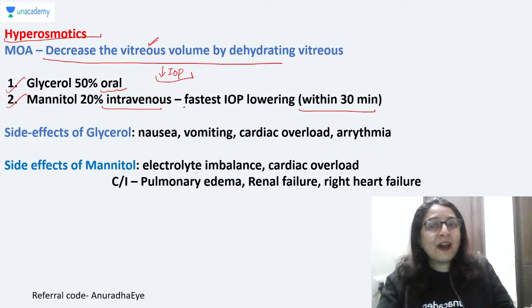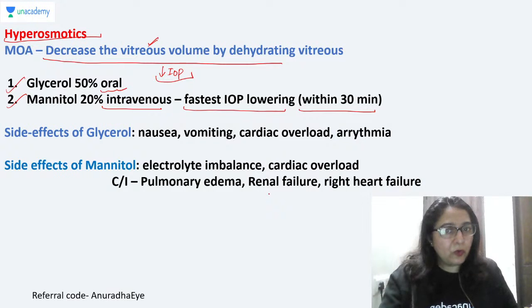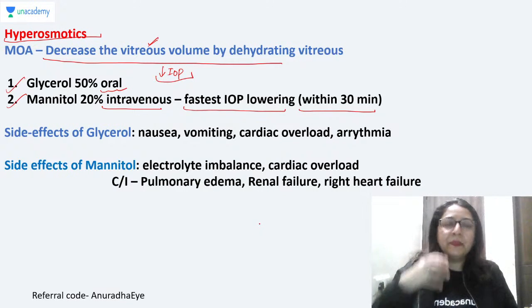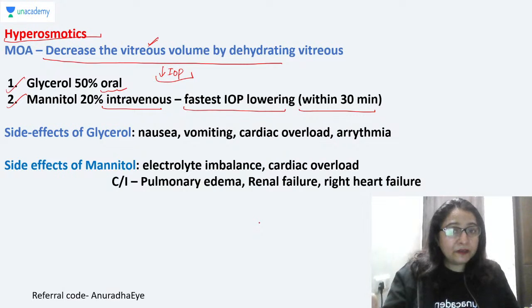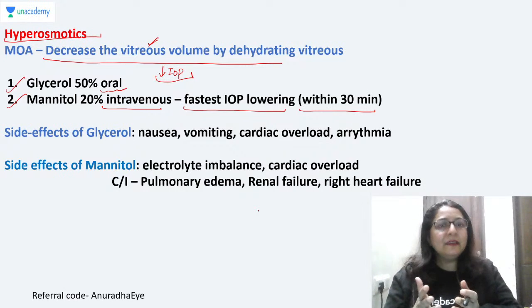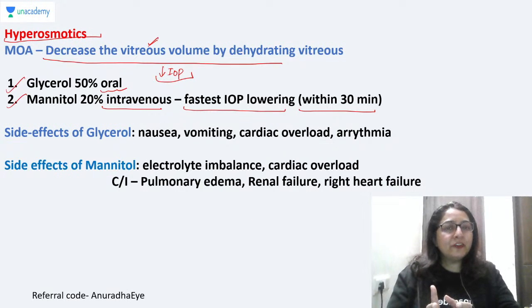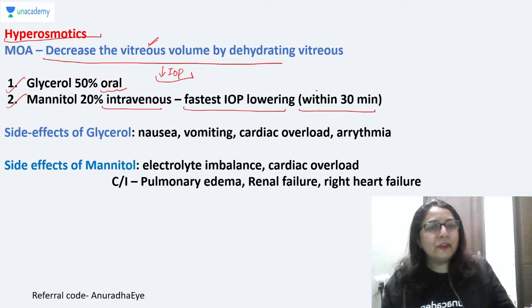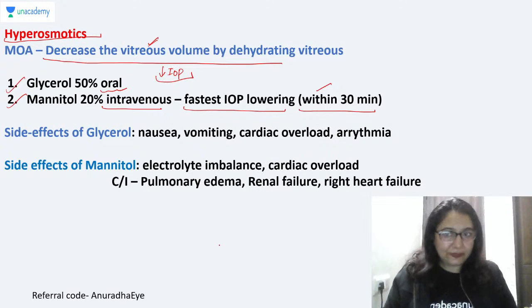So it is the fastest intraocular pressure lowering agent. For example, in angle closure glaucoma, perioperatively, when the pressure suddenly increases and you want to bring down the pressure very fast, then we give intravenous mannitol. And it brings the pressure within the normal range within 30 minutes.